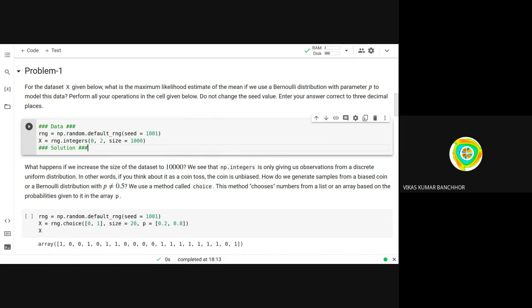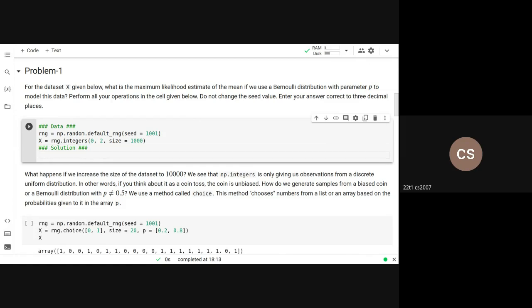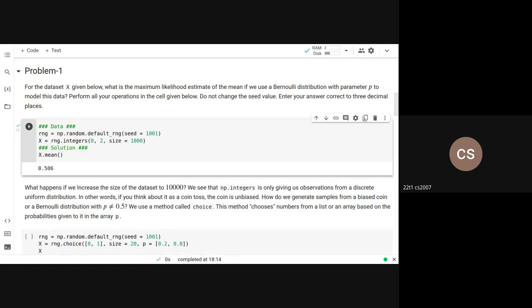Mean. It's the mean, right? So that's as simple as that. What we'll do is we just say x.mean() and run this cell, right? And that's all.